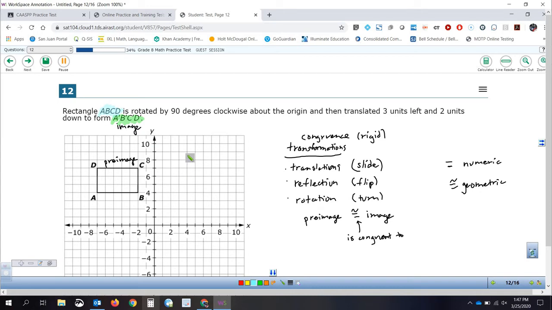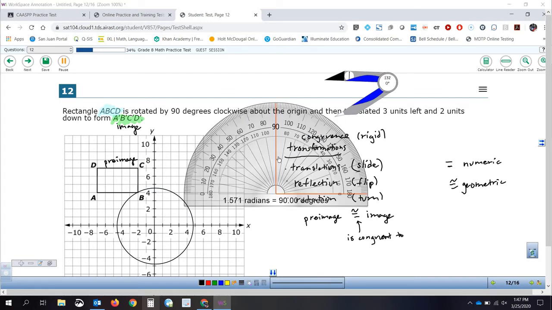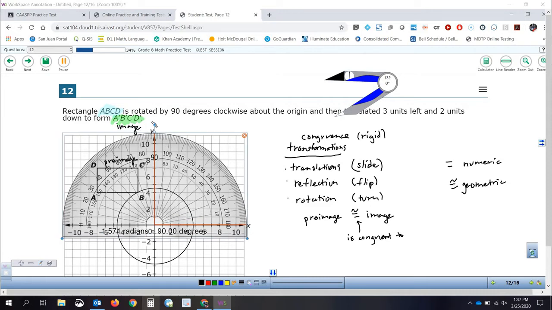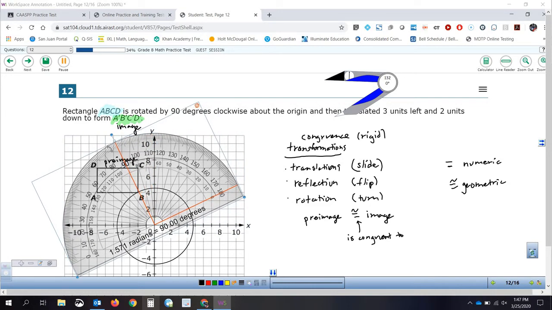So I could go through here and actually complete the process of making a 90-degree rotation. A rotation is when you turn around the origin, and 90 degrees would involve us moving at a 90-degree angle. I could take that object and move around that circle, and you could see point B moving around that circle would end up right here at 4, 2.